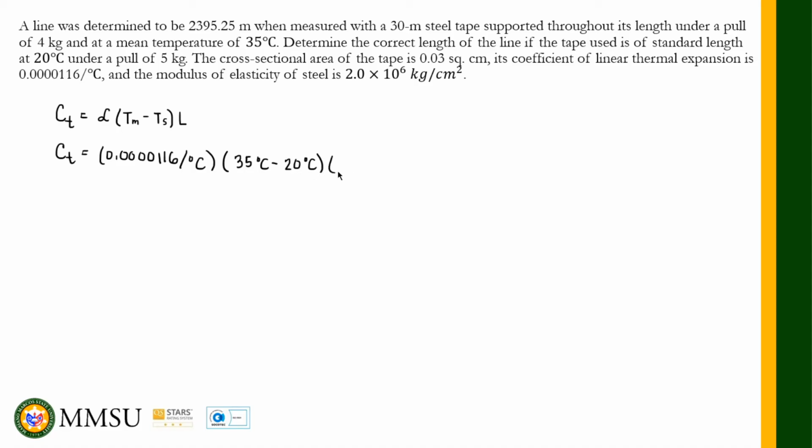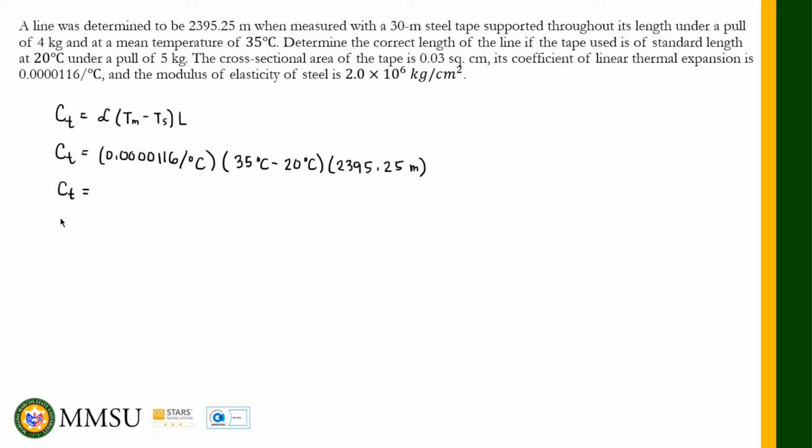Okay, and then the length is 2395.25 meters. Okay, so cancel yung degree Celsius. So ang unit natin dito is in meters.